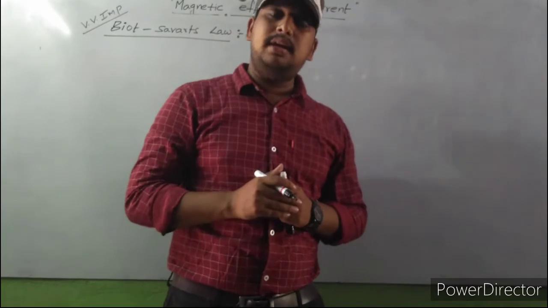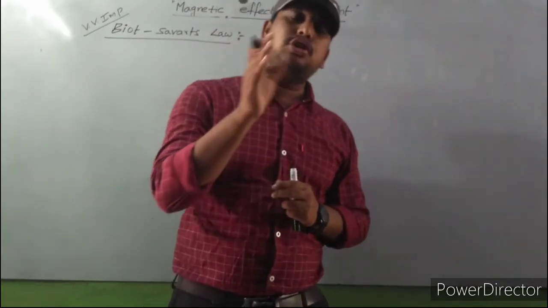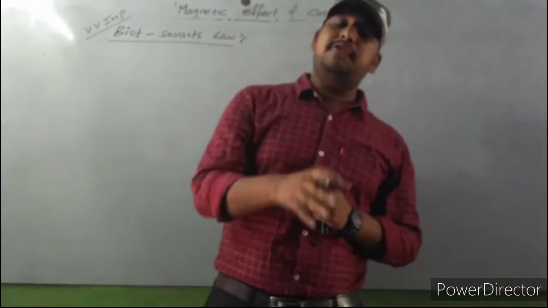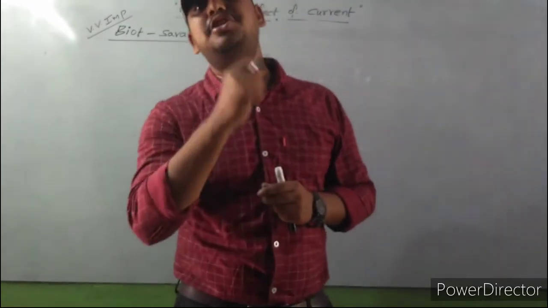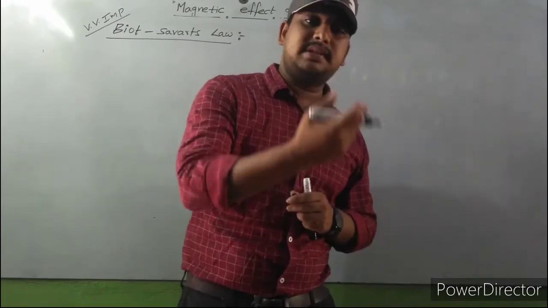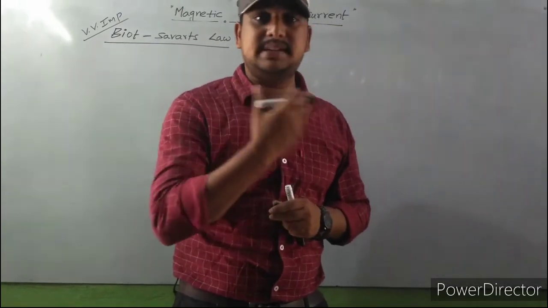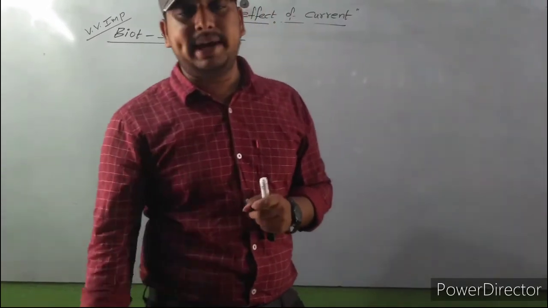You know already, if any physical quantity is a vector quantity, it has both magnitude and direction. Direction of magnetic field we are finding by using rules. How to find magnitude? Please recapitulate the concept. Already in the previous lectures we discussed how to find direction of magnetic field. And then how to find the magnitude of magnetic field.